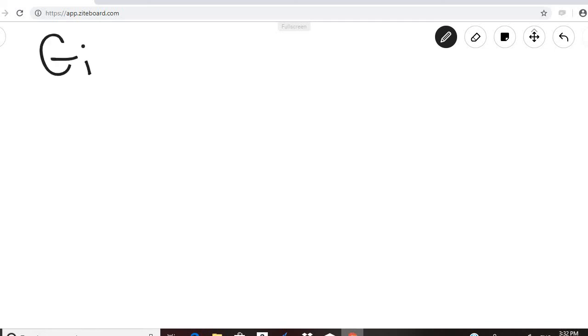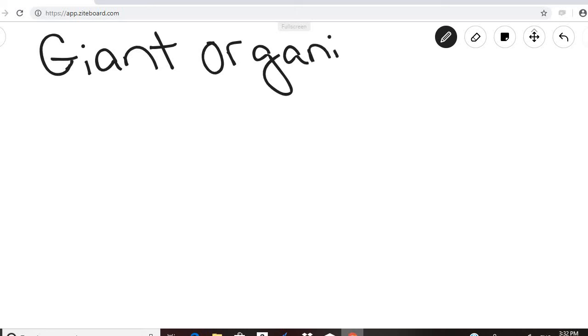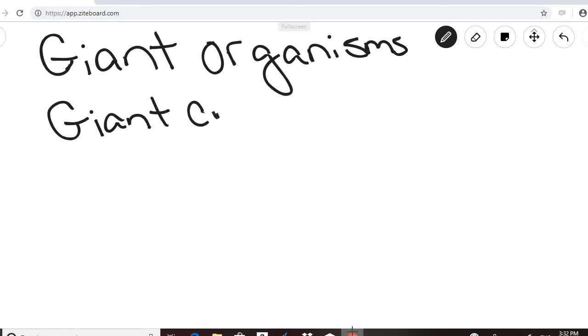One interesting thing about the deep ocean is that there have been found some pretty giant organisms that live here. There are some giant fish, but generally what has been found is giant crabs and giant squid.